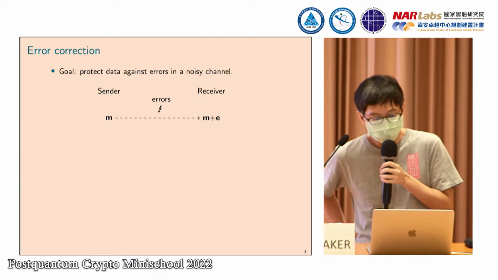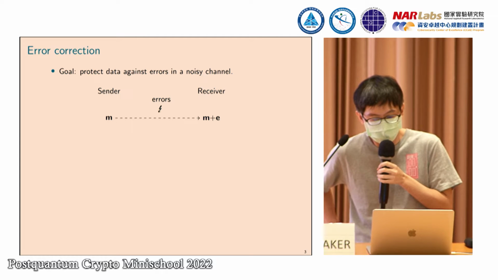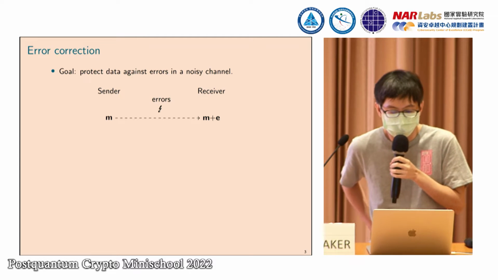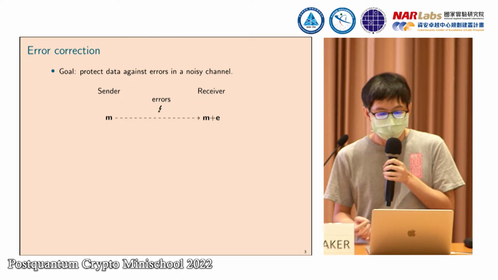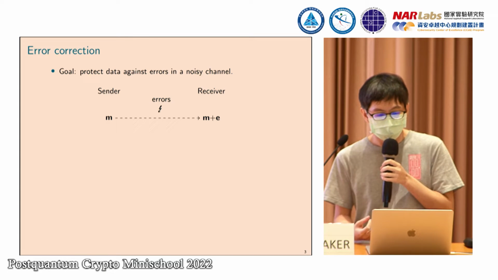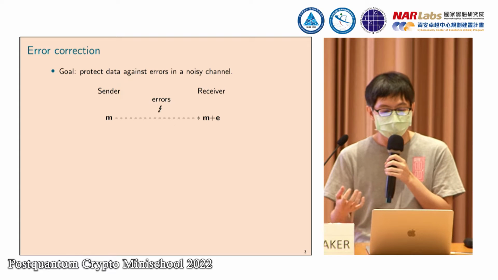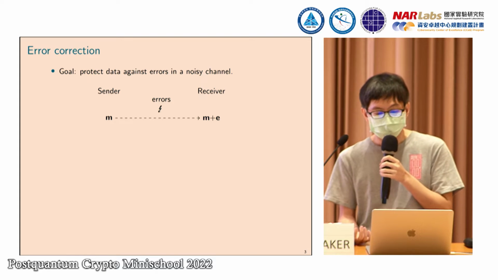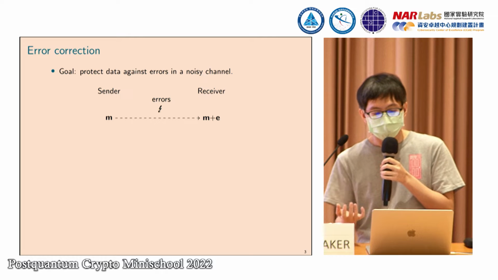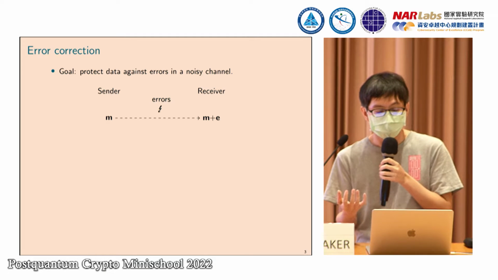So now we can start to talk about what coding theory and error correction is about. I think the motivation of coding theory was that people want to transmit a message through a noisy channel. By noisy, I mean the channel is not totally reliable.